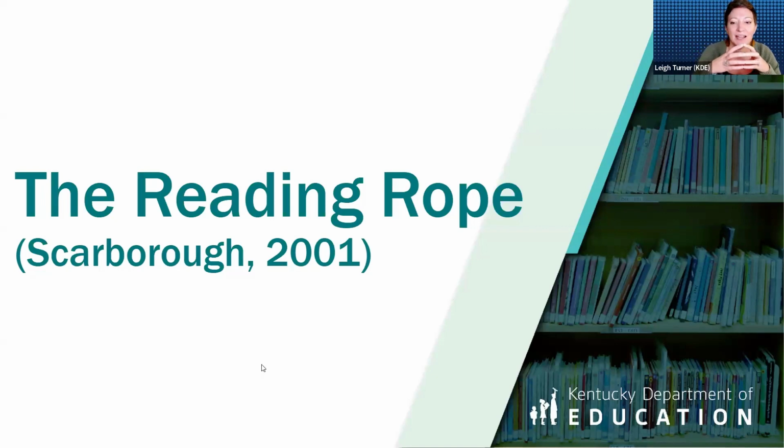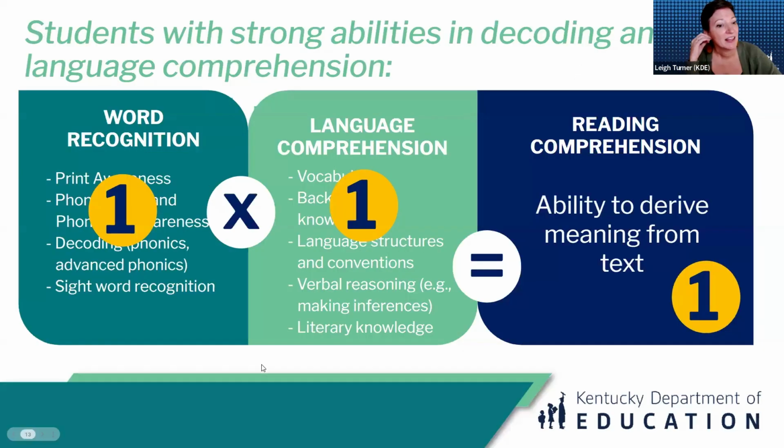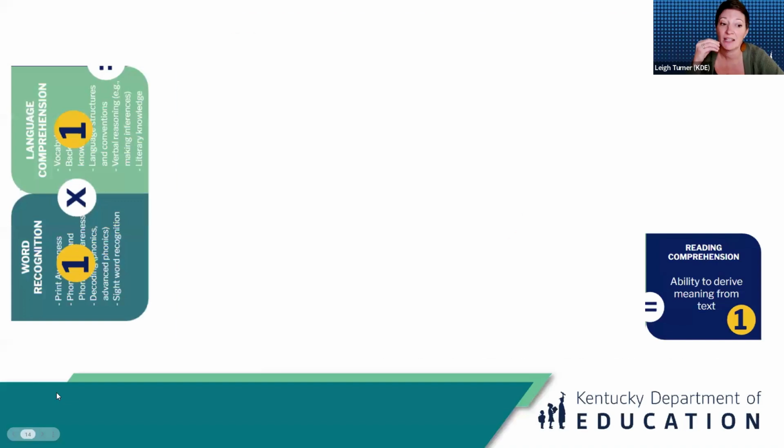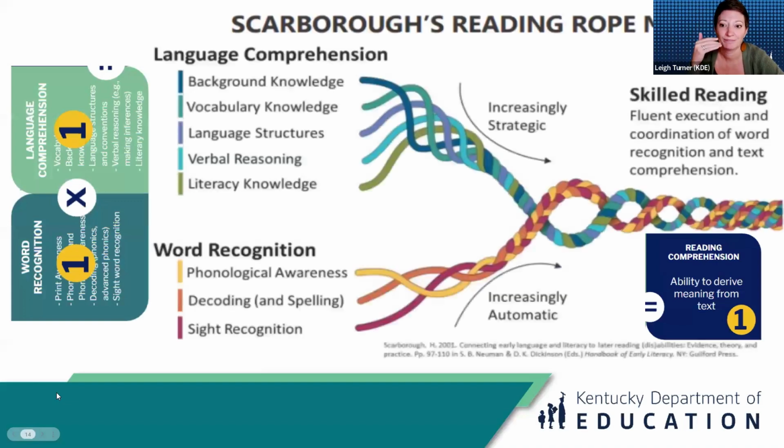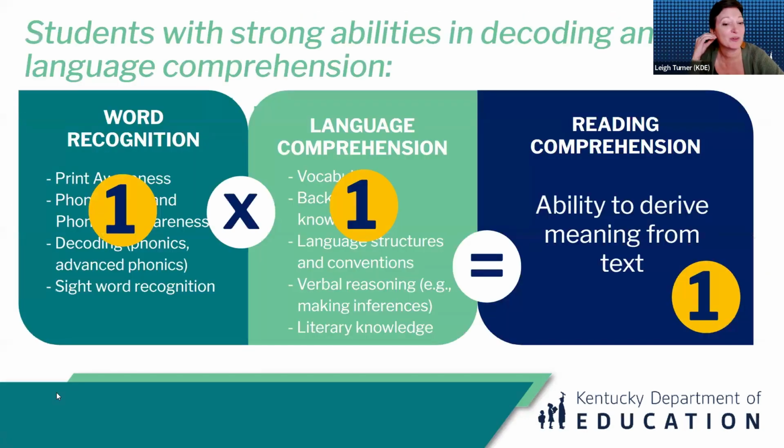Kristen, you can go ahead and go to the next slide. The simple view of reading is really, nope, go back. Sorry. It's really intended to be very simple. It's word recognition times language comprehension will equal reading comprehension.